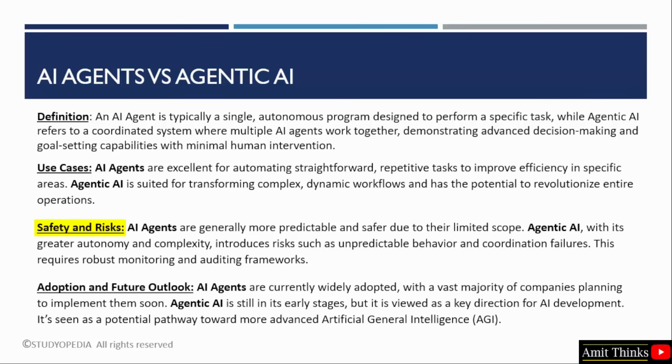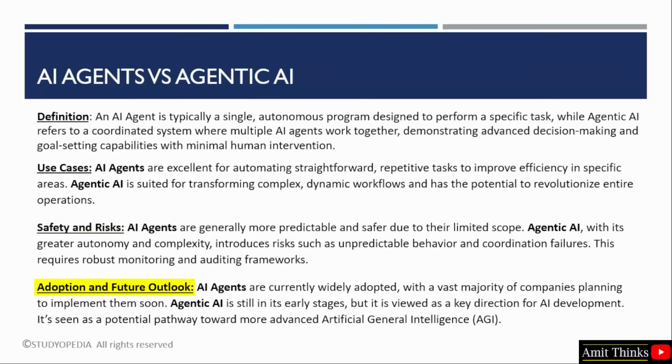AI agents are predictable and relatively safe due to their narrow scope, whereas Agentic AI with broader autonomy and inter-agent coordination introduces challenges such as unpredictability, emergent behaviors, and system-level failures. This makes strong monitoring, governance, and auditing frameworks essential.